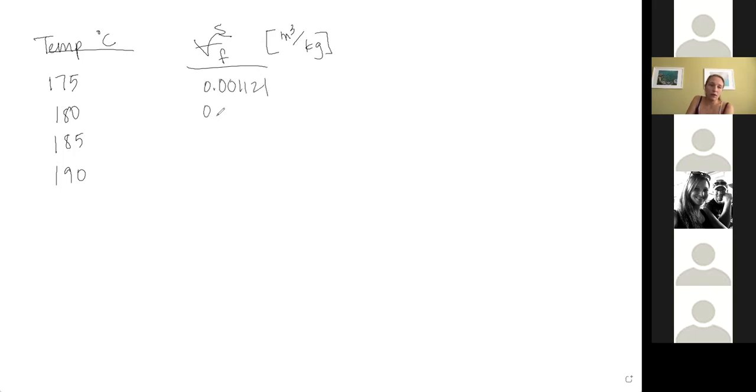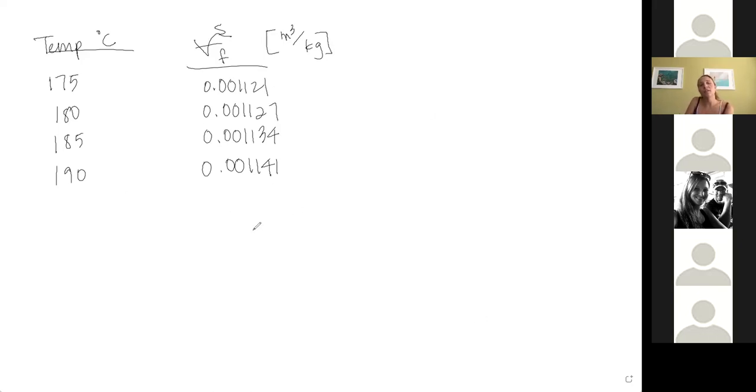And your values here are 0.001121, 0.001127, 0.001134, 0.001141. So these are actual values from the table. I'm not making these up, I'm pulling these from the table.